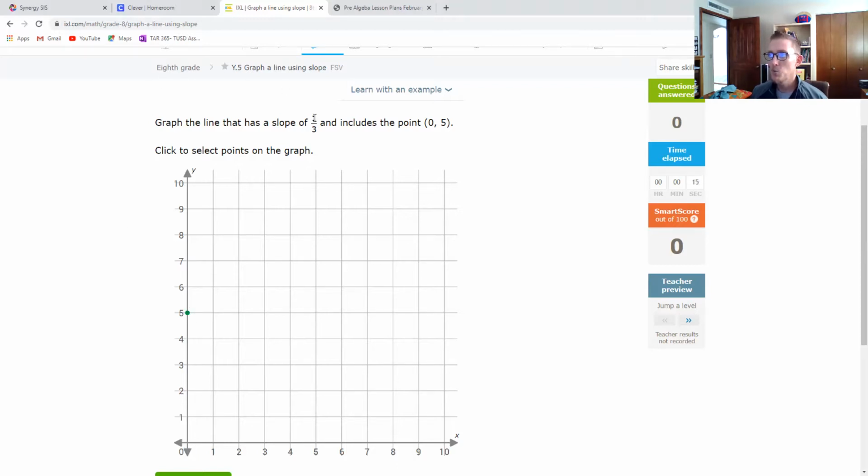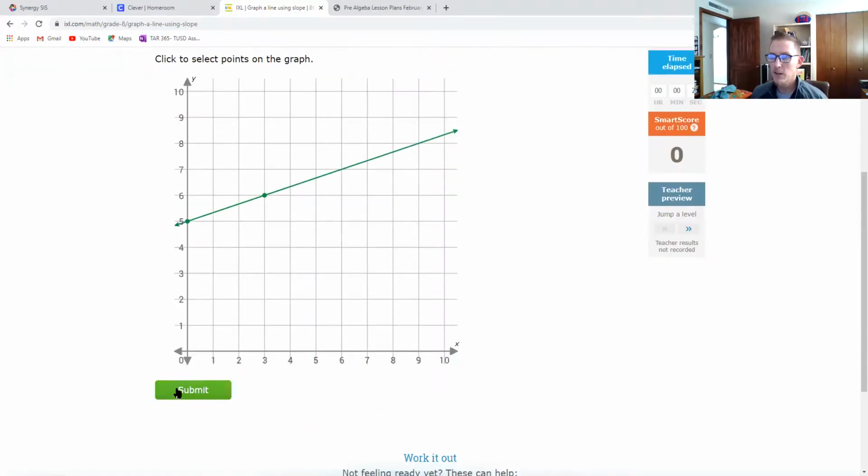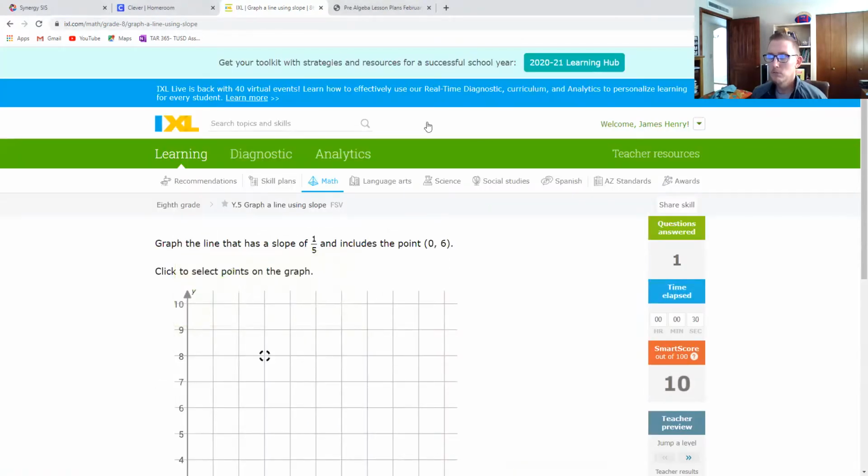And then my slope is 1/3. So that's rise 1, run 3. So from here, rise 1, run 3. 1, 2, 3. Click both of them, and it makes the line for you, and then you submit. So a pretty straightforward section there on graphing, including a point and a slope.